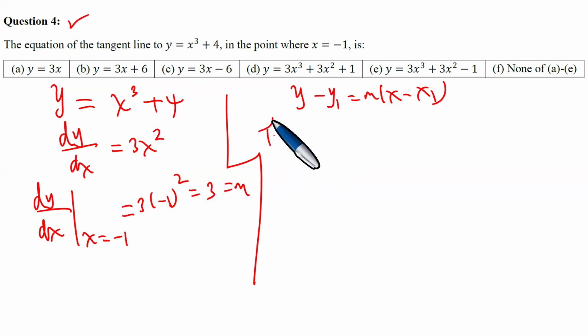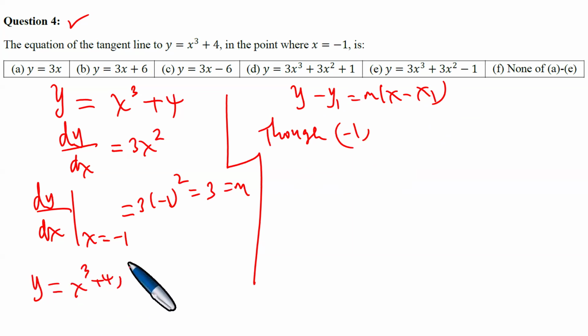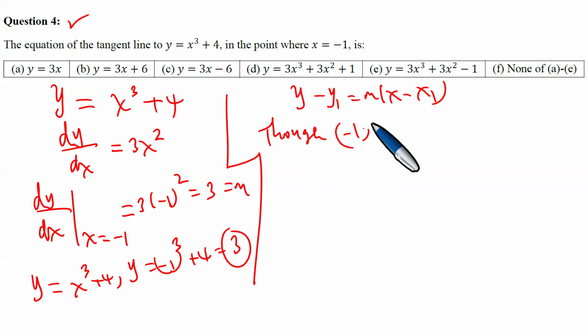Since it passes through x equal to minus 1, and y itself is x cubed plus 4, y equals minus 1 cubed plus 4, and therefore this becomes exactly 3. So whenever x is minus 1, y equals 3.